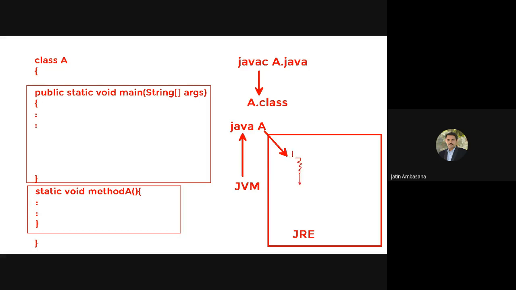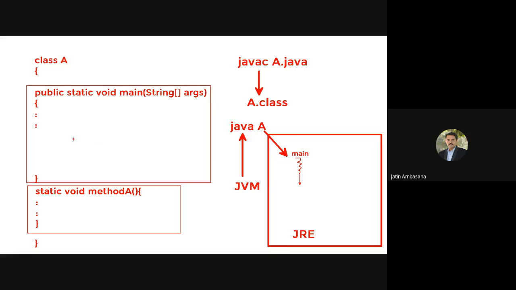There is a thread created for basically the main method. So this whole thread is executed. Now, the multi-threading concept says that if the main method is executing, at the same time method A can also execute.